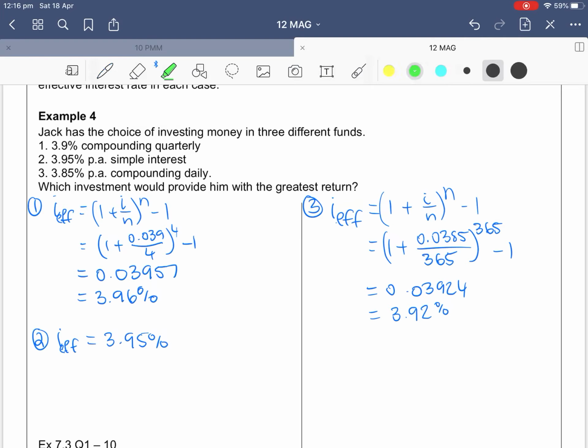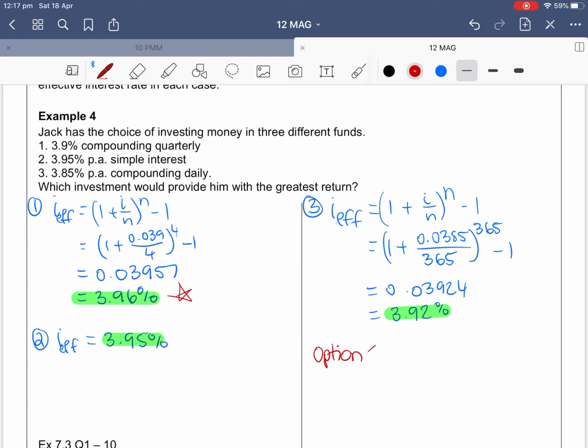So let's have a look. We've got option 1 is 3.96%, option 2 is 3.95%, and option 3 is 3.92%. So we can see clearly here that the best option for him would be option 1. All right, so we're going to make sure we have a statement for this.